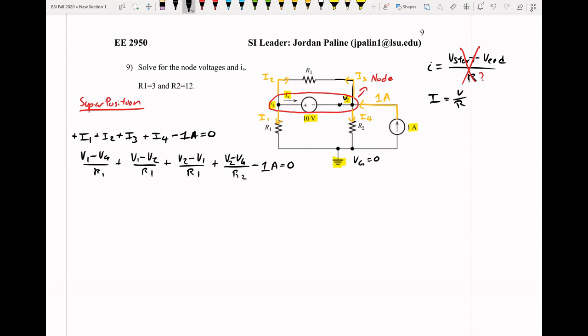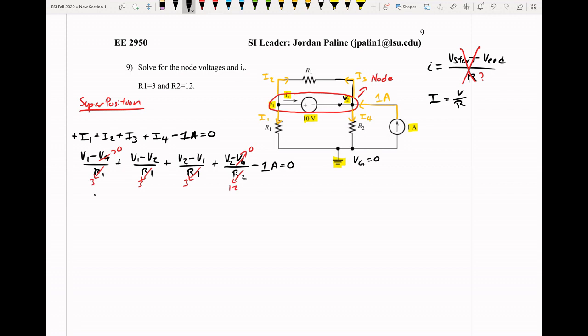Now we'll plug in what we know. We know VG is 0, R1 is 3, and R2 is 12.